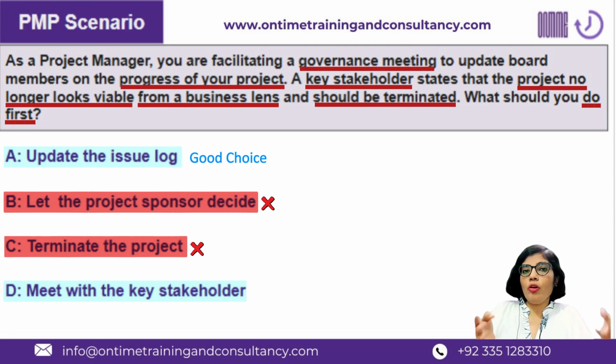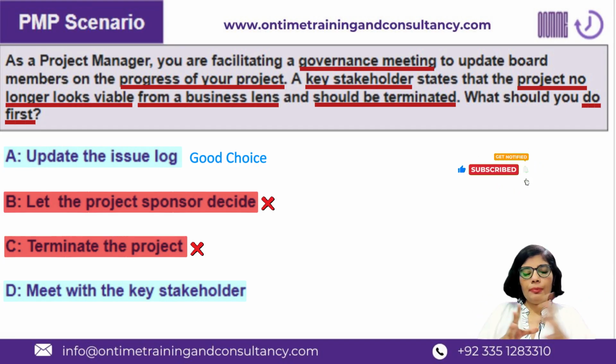So it makes sense that the project manager, after the meeting, has an offline session with the stakeholder to understand his viewpoint, what's the cause of this opinion, how it impacts the stakeholder's perspective, and then maybe proceed with the further process. So D makes a lot of sense as well.